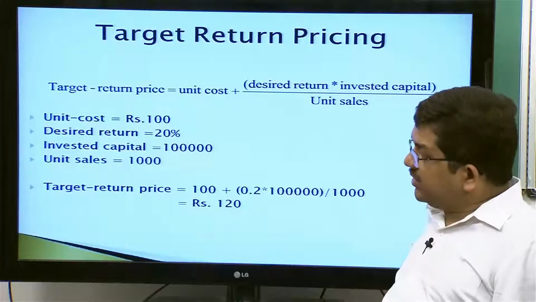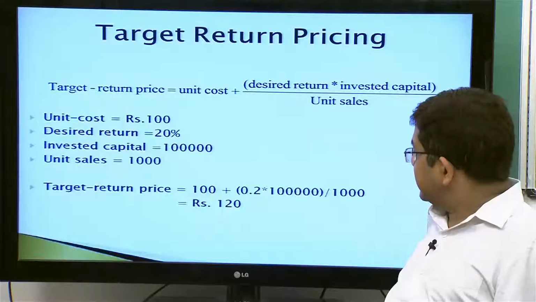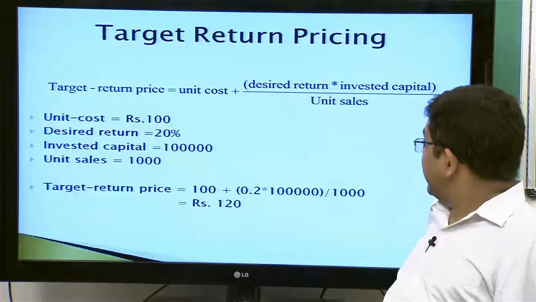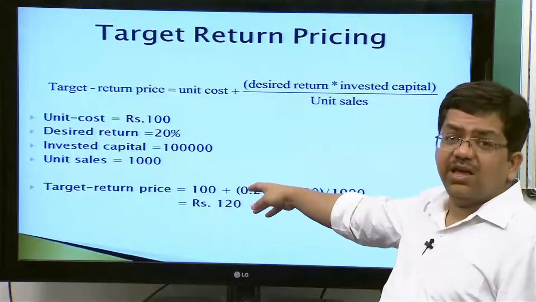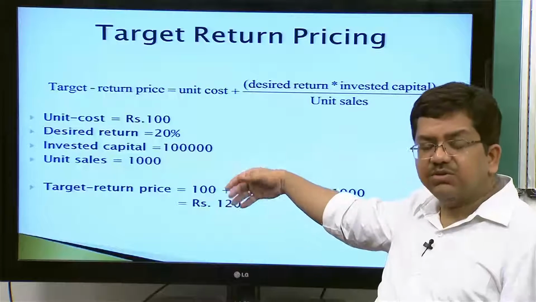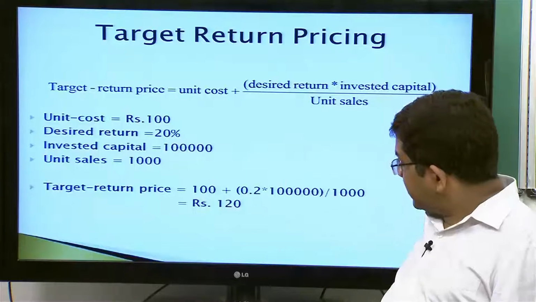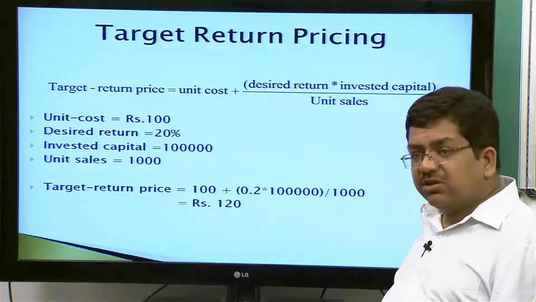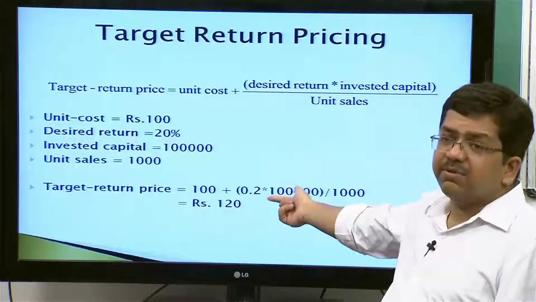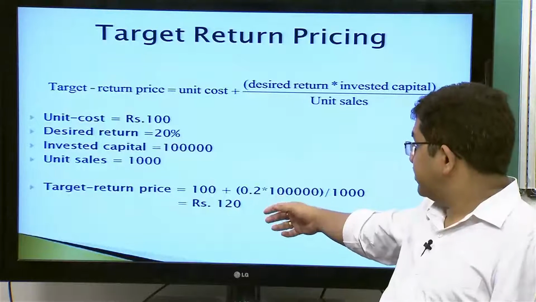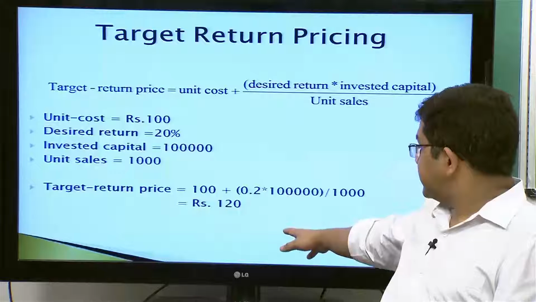Now, one important thing that you need to understand in this target return pricing is that if you do not sell the number of units that you are projecting, that is 1000 units, and supposedly you sell only 800 units, then the loss of the sales of 200 units will probably be a huge revenue loss to you, and ultimately it may lead to a no profit no loss kind of situation also.